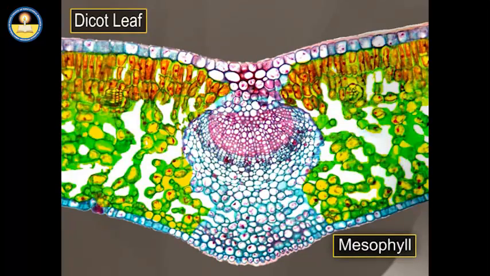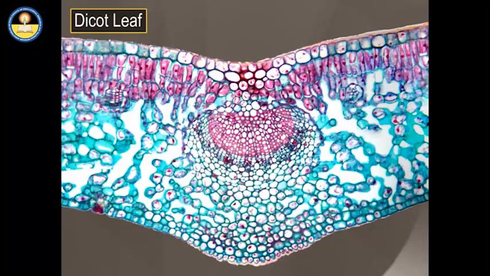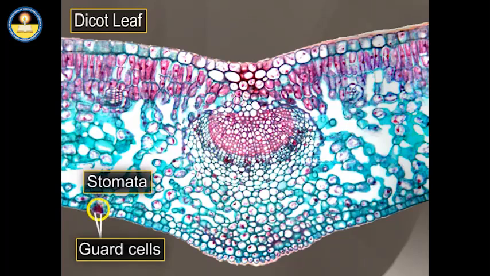Mesophyll cells, both palisade and spongy, are enriched with chloroplasts, and this is where photosynthesis actually occurs. Epidermis also lines the lower area of the leaf, where some epidermal cells are modified into guard cells. Two guard cells are arranged in such a way that they form a porous structure known as stomata.